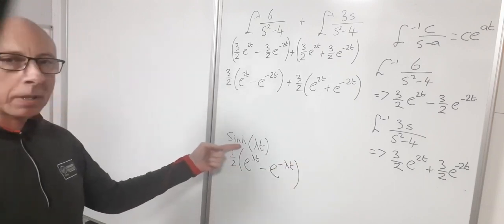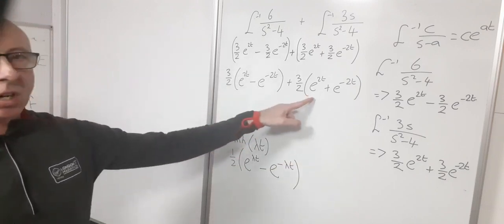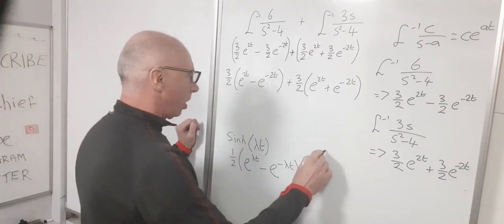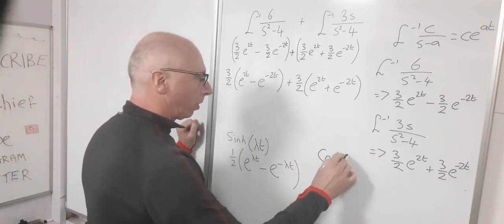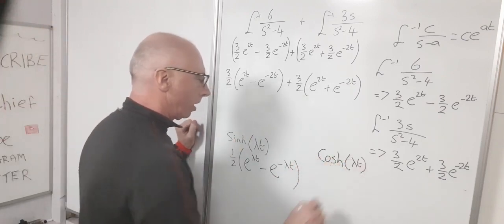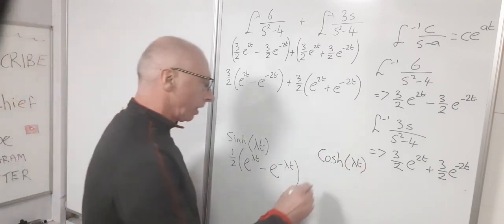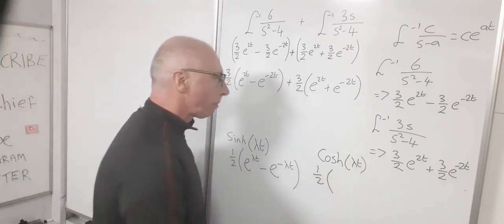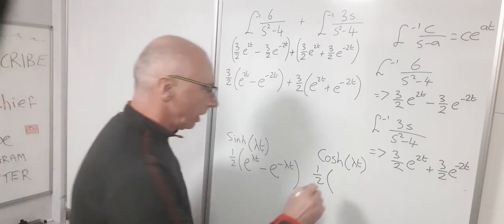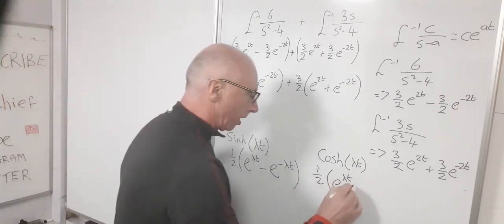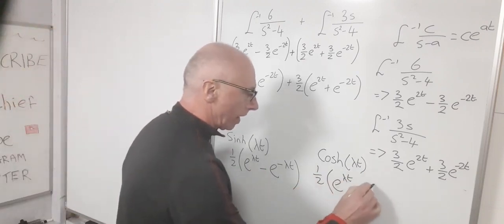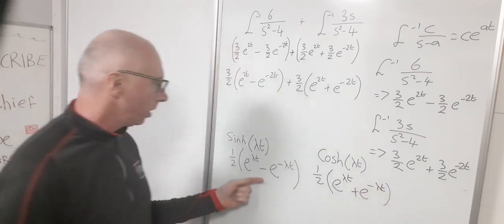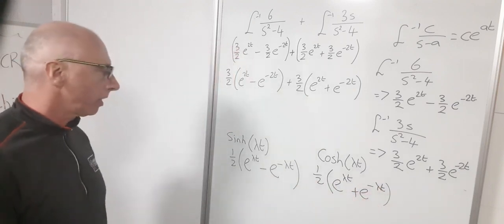So that's the exponential identity for sinh. Now cosh is very similar. Cosh of lambda t is very similar to this with 1/2, open bracket, and then I've got e to the lambda t plus e to the negative lambda t. Notice just the minus sign and plus signs.